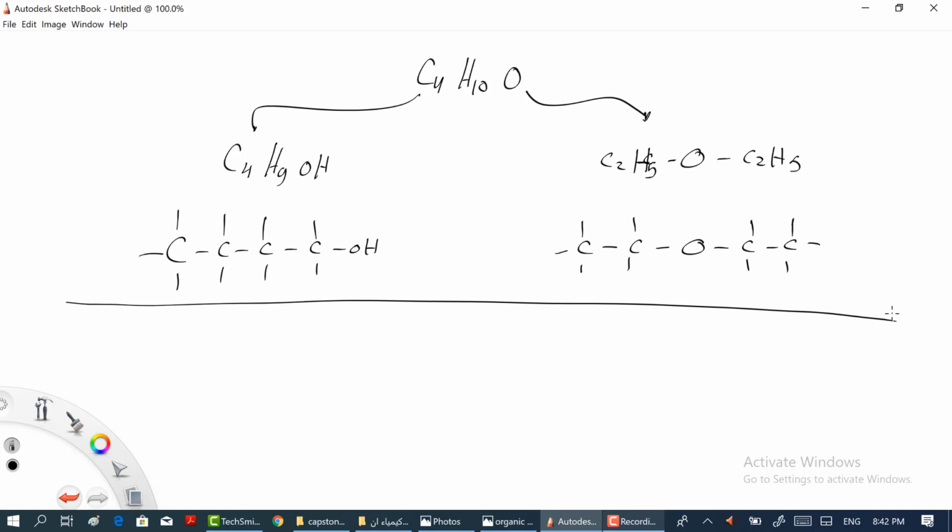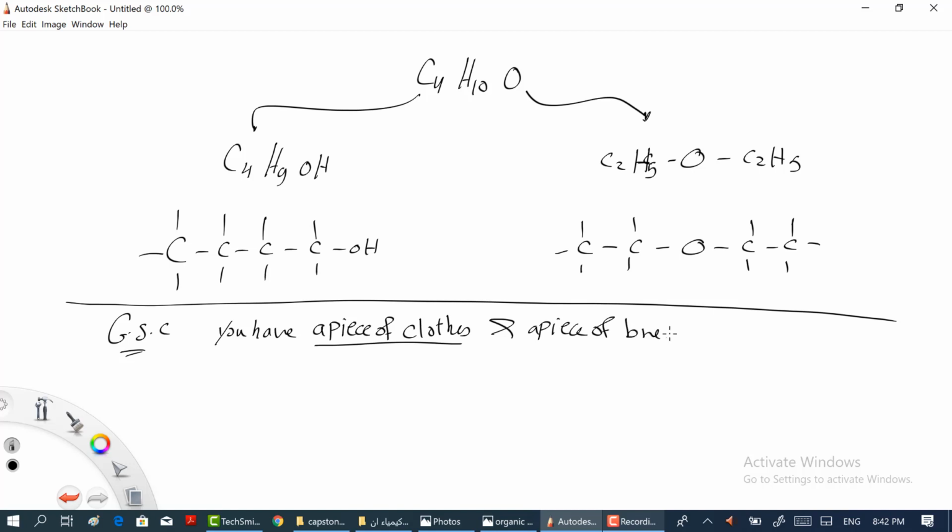One of the questions in the general secondary certificate said that you have a piece of clothes, you have a piece of thread. How can you detect that it is an organic substance?